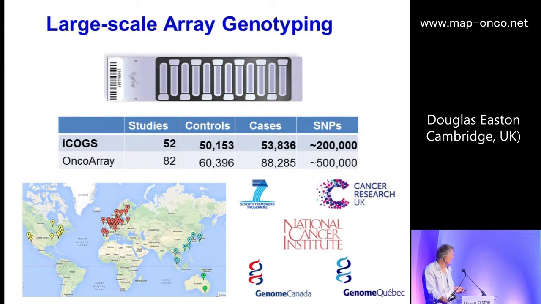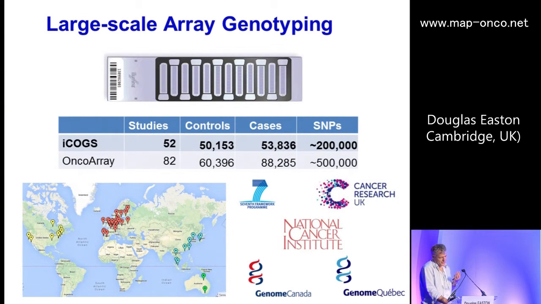The point here is that array genotyping is relatively cheap, so you can do it on very large numbers. And so these arrays have been genotyped in literally hundreds of thousands of individuals, probably up to about 1 million if you count all the cancers together. That's possible because there are many large-scale epidemiological studies throughout the world, and so we've been able to put this data together.